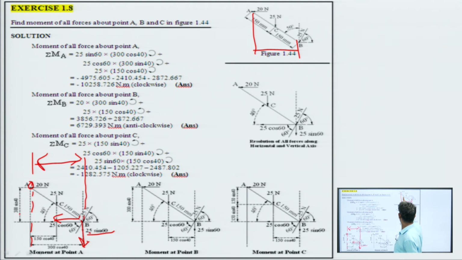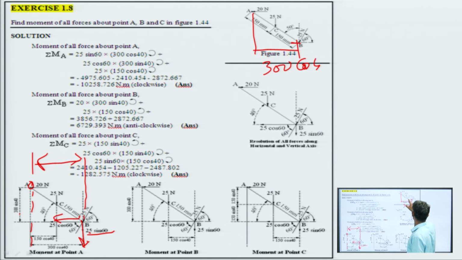With the help of the sine rule, this will be 150 plus 150, and this angle is 60 degrees. So it is 300 cos 40.